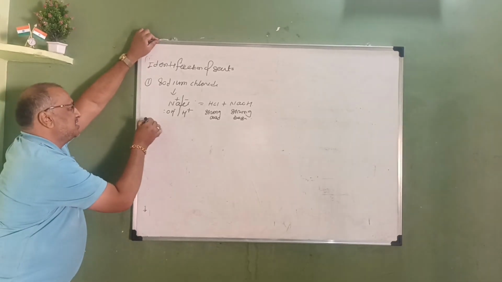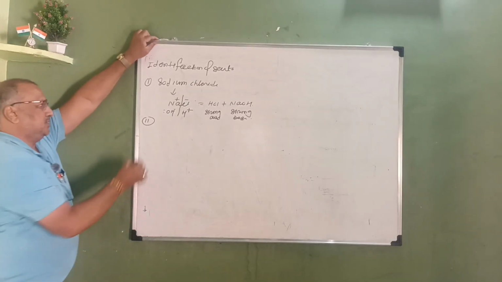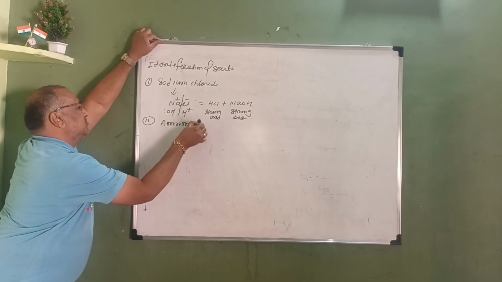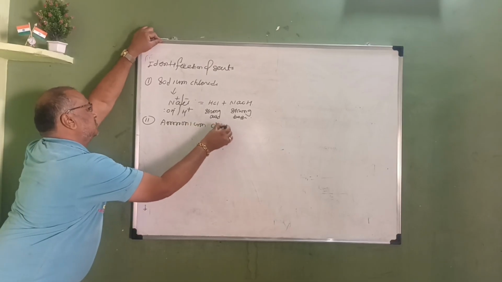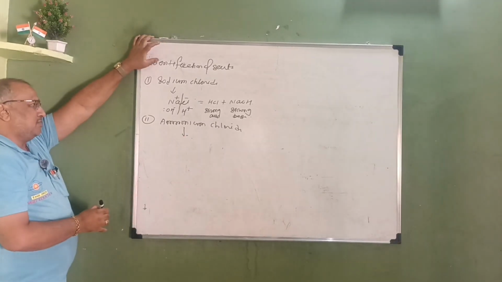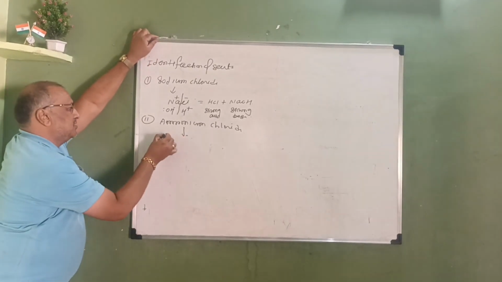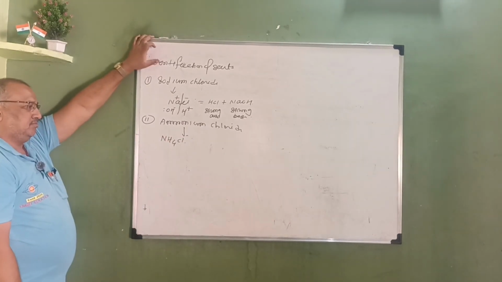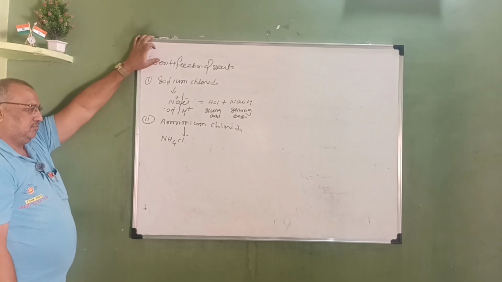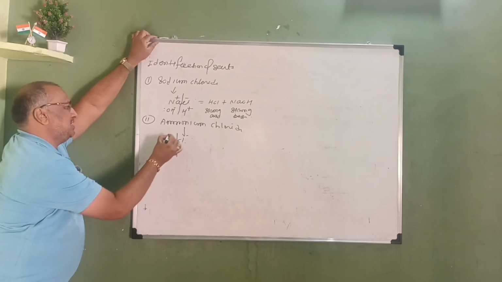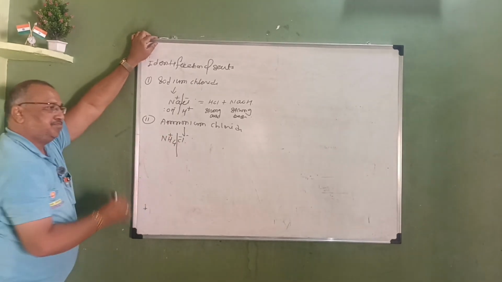Then next, ammonium chloride. Again write down the formula of ammonium chloride, that is NH4Cl. Now separate this into cation and anion.